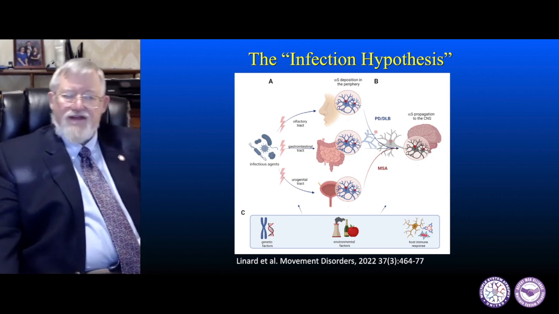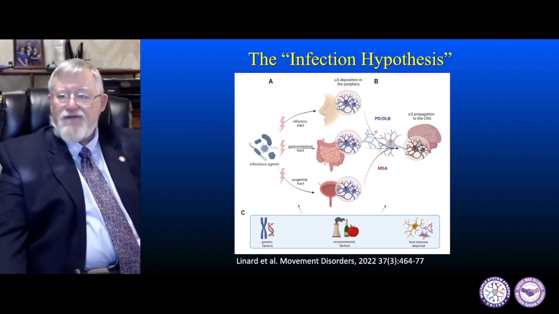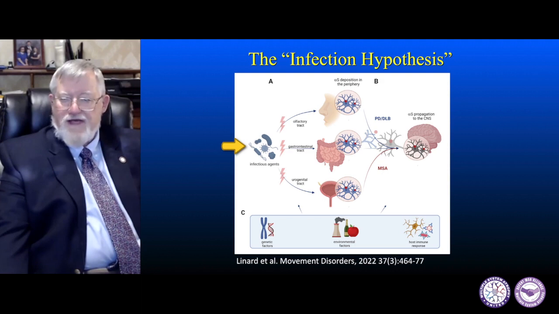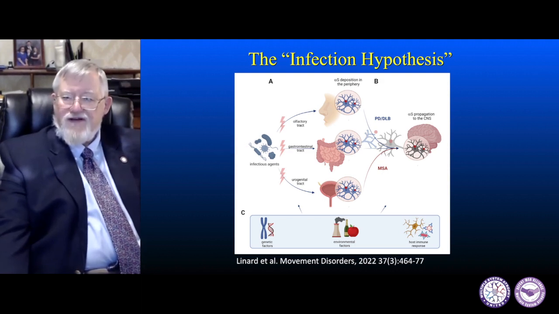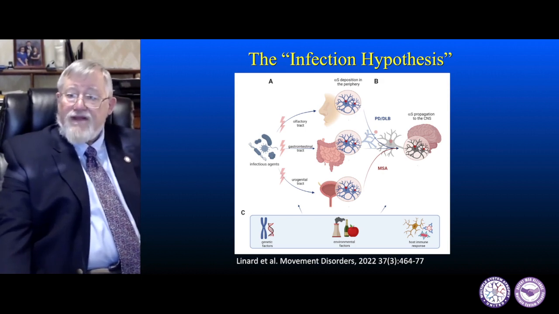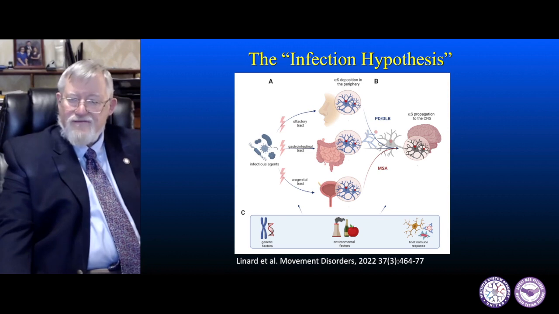And so in this artist's conception, we have a variety of infectious agents, including bacteria and viruses, that can infect different areas where we suspect that the diseases may start. The olfactory tract can be involved in Parkinson's disease. The gut can be involved in most of these diseases. The bladder could be involved.